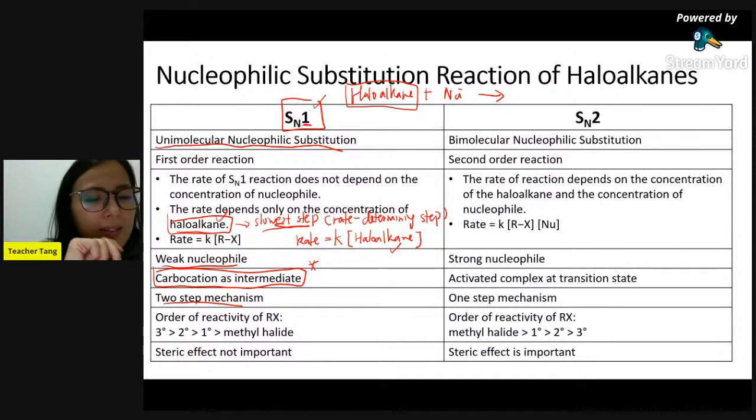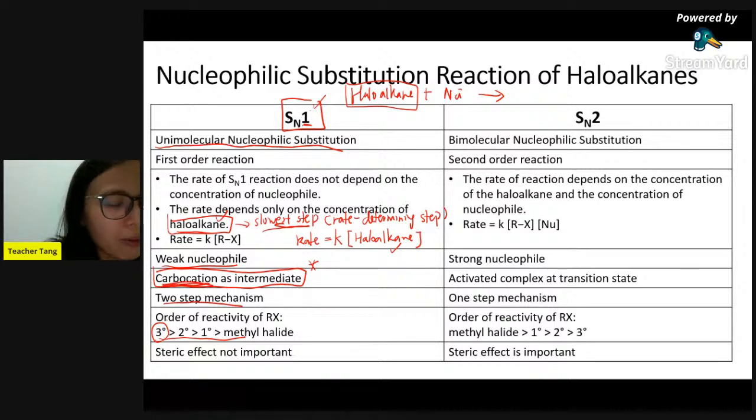And then the reactivity towards SN1 basically decreases from tertiary haloalkane to methyl halide. Why? Because SN1 involves the formation of a carbocation. So tertiary haloalkane can give a tertiary carbocation, which is the most stable.